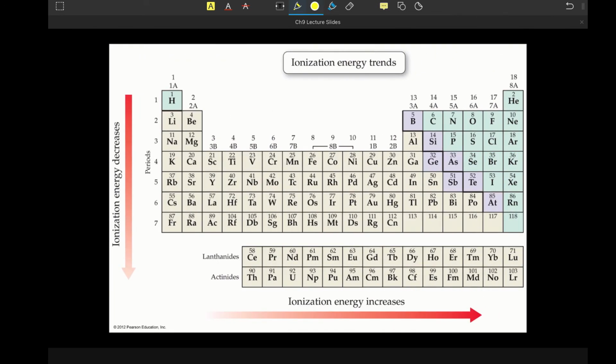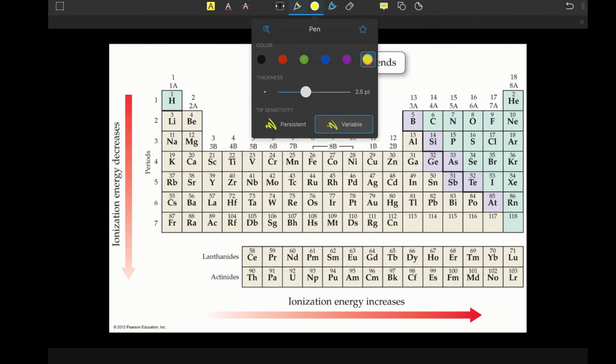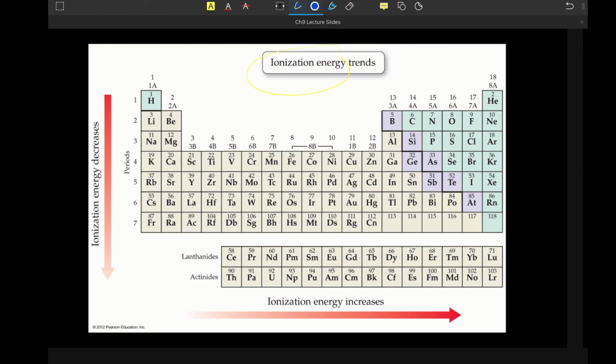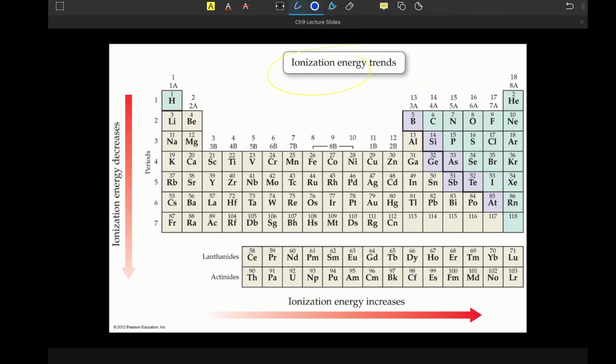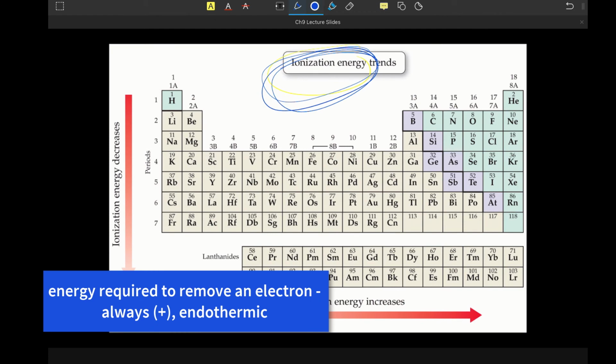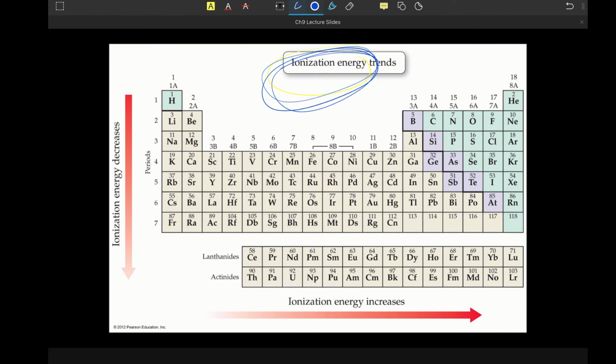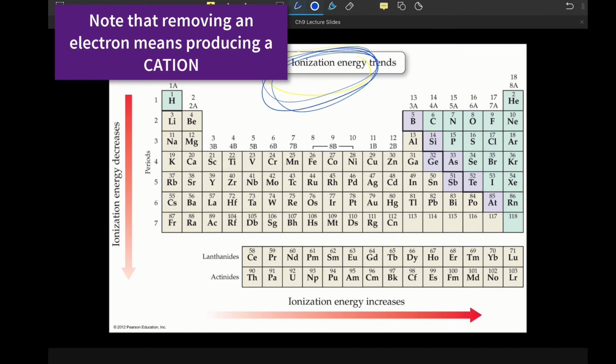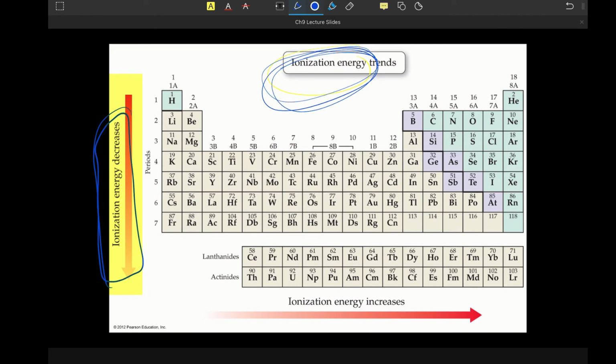ionization energy. So what is ionization energy? Ionization energy is the amount of energy required, positive, to remove an electron from an atom. Now, it says that as we go down a group, ionization energy decreases, which means that as we go down a group, it costs less to remove an electron.